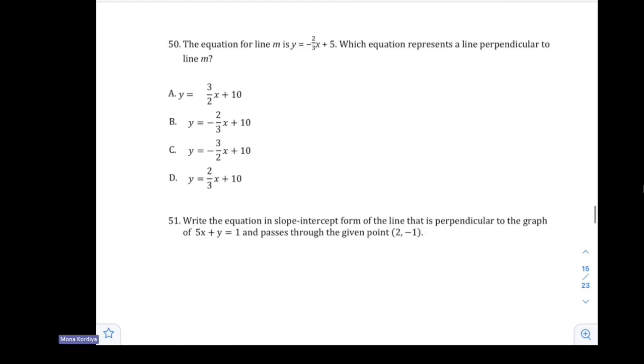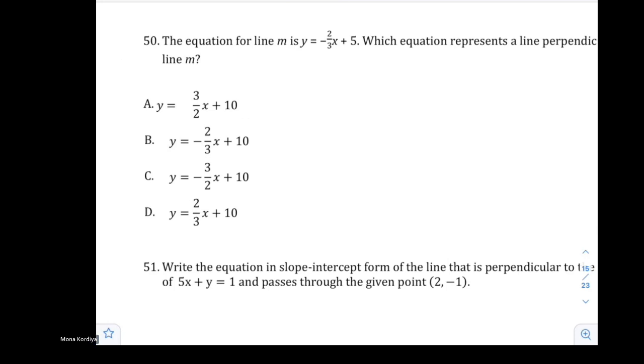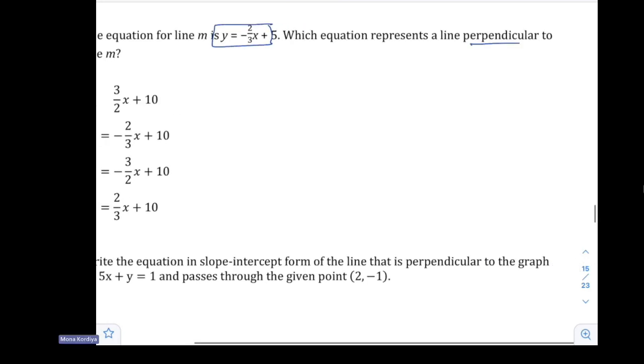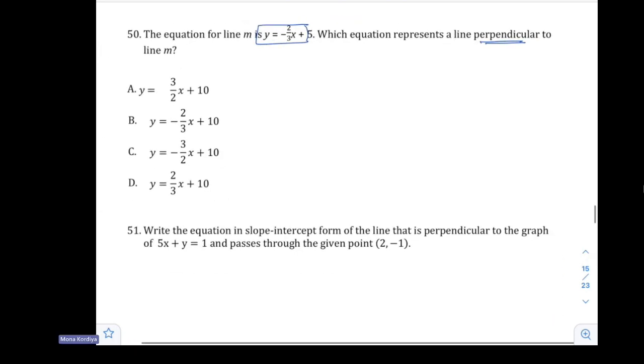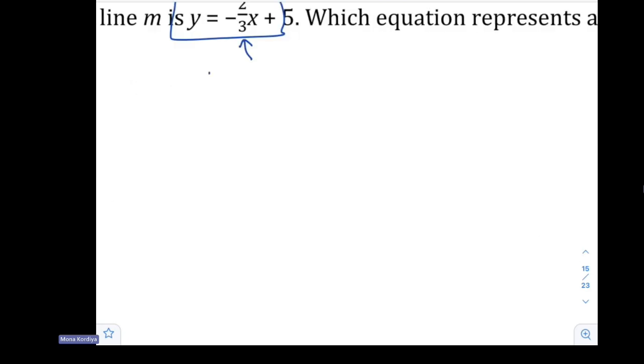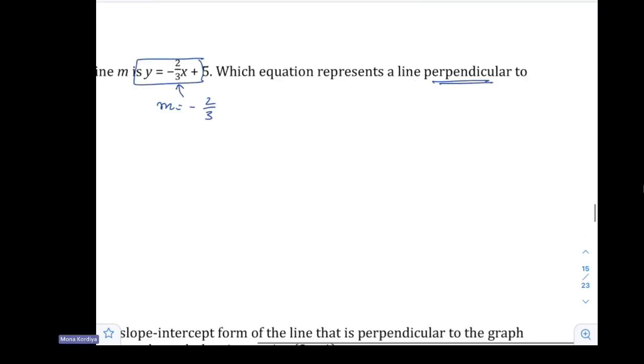Here, a different question. We have a line which is perpendicular to the other line. Which equation is perpendicular? The slope here is negative 2 over 3. If the lines are perpendicular, then the product of the slopes will be negative 1, meaning one is the negative reciprocal of the other.